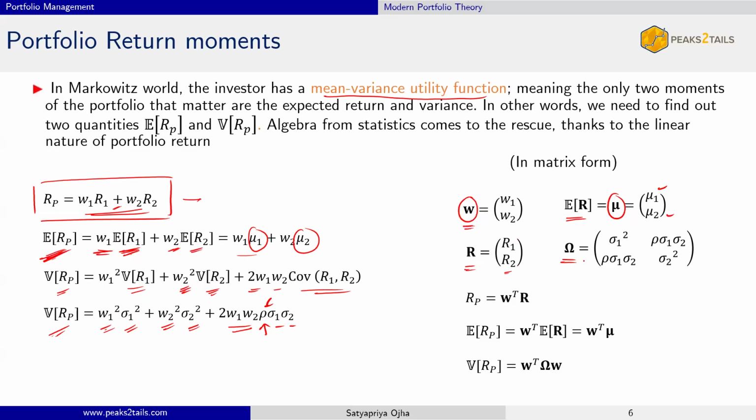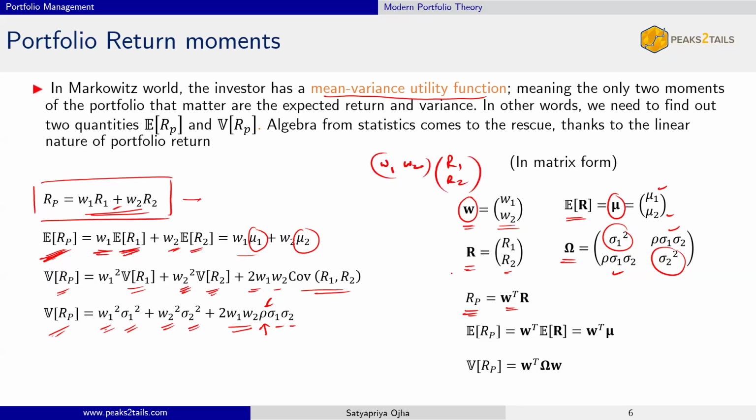The variance covariance matrix omega between the two asset returns: you put the variance terms in the diagonal and then the covariance terms in the off-diagonal. And this is a symmetric matrix. Covariance matrix and correlation matrix are symmetric matrices. So in matrix form, your portfolio return is W transpose R, just multiply. W transpose would become like this, and R is this, correct?